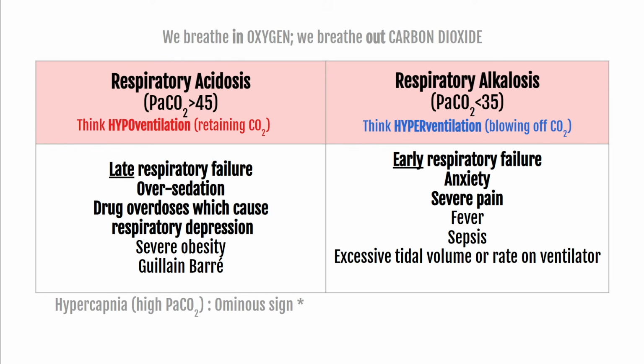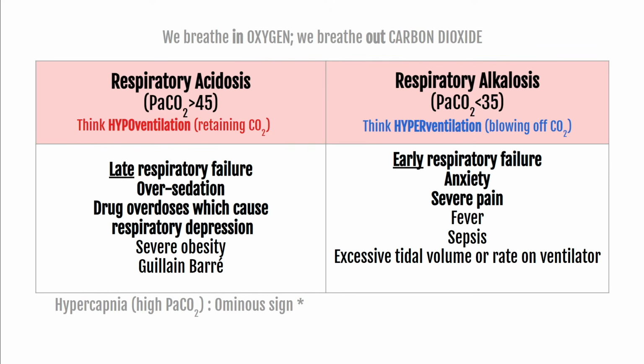And you'll see respiratory alkalosis with anxiety or severe pain, fever, sepsis. I know this sounds super straightforward, but also if your tidal volume or your respiratory rate settings are too high on your ventilator, the patient might be blowing off too much CO2.